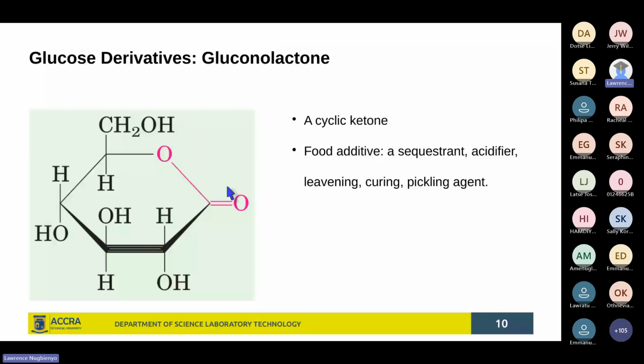So you find that gluconolactone is used sometimes.